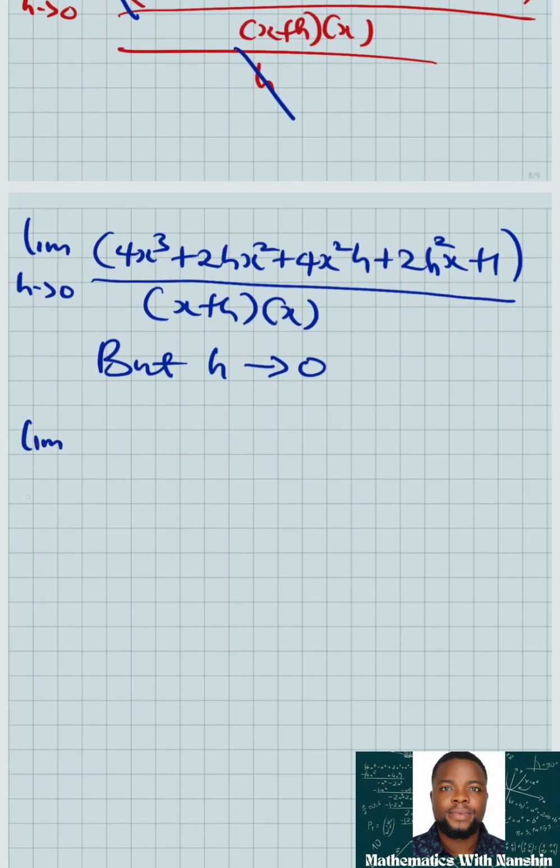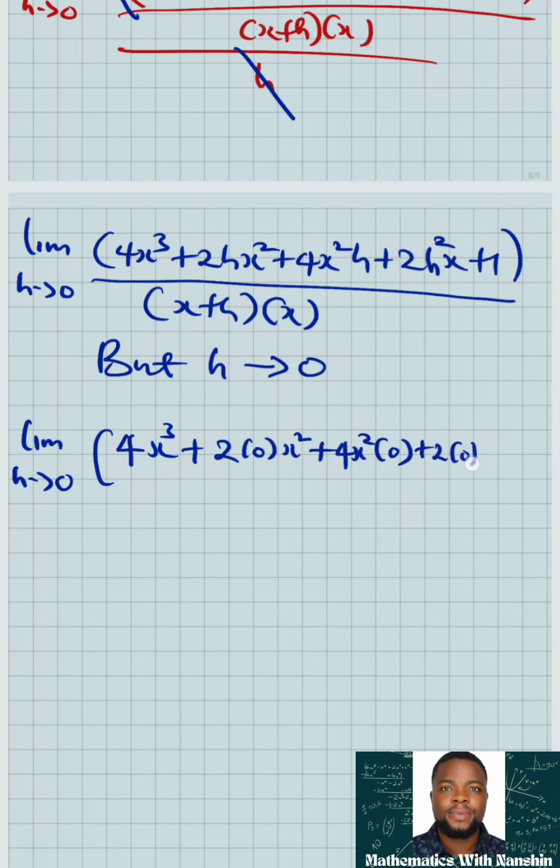So we have limit as h approaches 0. Wherever you see h, you put 0. 4x cubed plus 2 times 0 times x squared plus 4x squared times 0, plus 2 times 0 times x plus 1, all over x plus 0 times x.